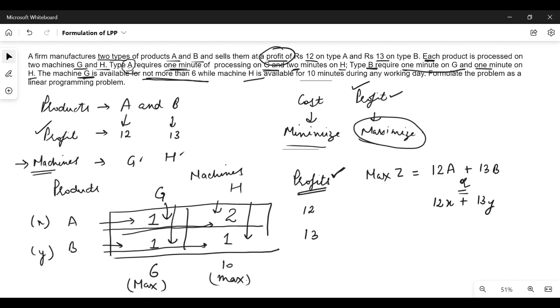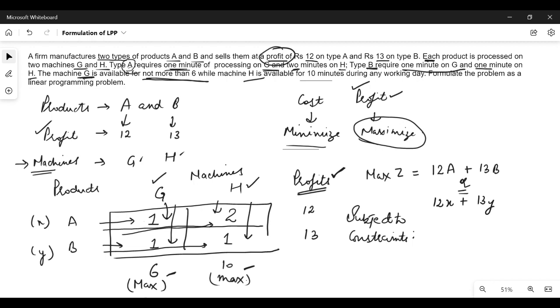Another thing is, how will we be able to achieve this maximization objective? When the constraints are fulfilled. So basically we write here, this profit can be achieved subject to constraints. Now what are the constraints? The constraints here are that we can use either machine G or H, and G is used for 6 minutes and H is used for 10 minutes.